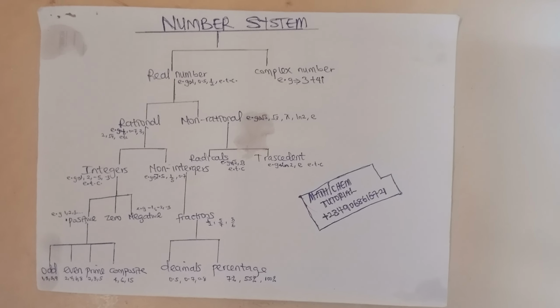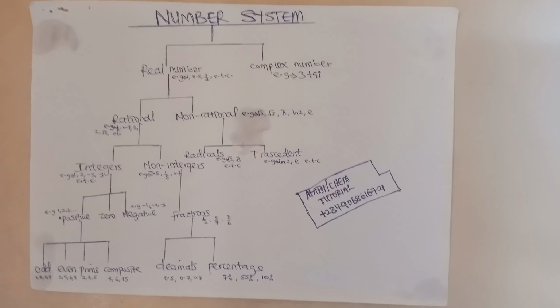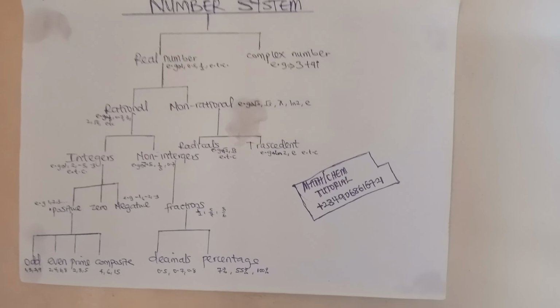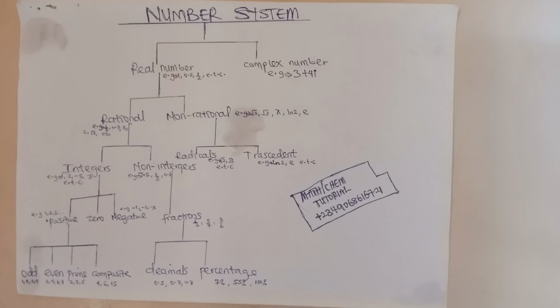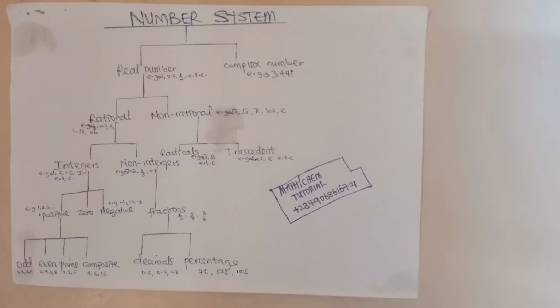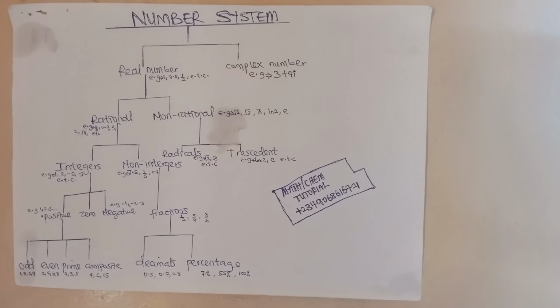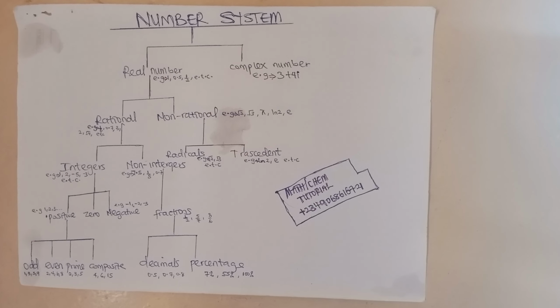So real number is divided into two, which they are rational number and non-rational number. You can also call the non-rational number irrational number.